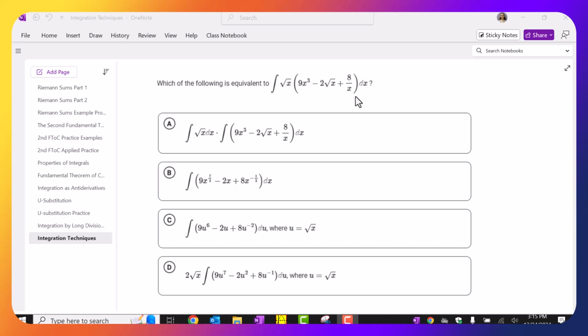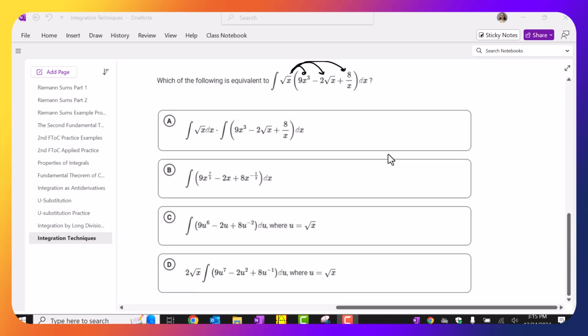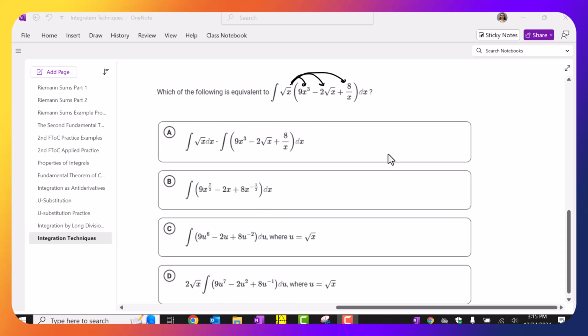Let's see how good we are with multiplying our exponents. So we distribute it, it's going to give us the integral of 9 times the square root of x times x cubed, that's 1/2 plus 6 over 2, that's 7 over 2, so 9x to the 7 over 2. And then square root of x times -2 square root of x, that's just going to be -2x.